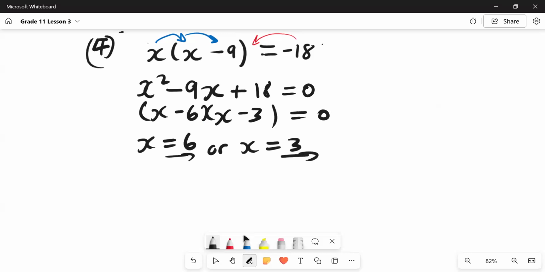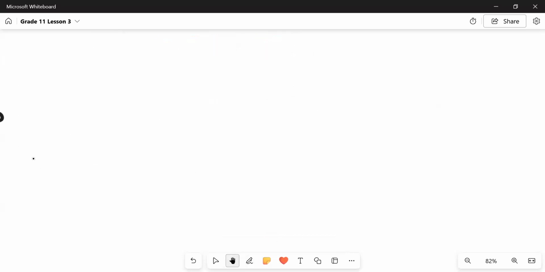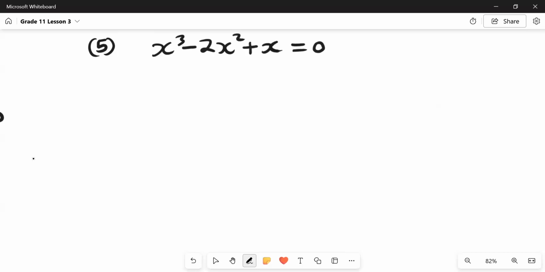Now, here's the last example, which is example 5. For example 5, we are still factorizing. But now, it seems as if we are factorizing something different, something we are not used to. We are still in grade 11, but now they're giving us a polynomial equation, right? An equation with the highest exponent of 3.